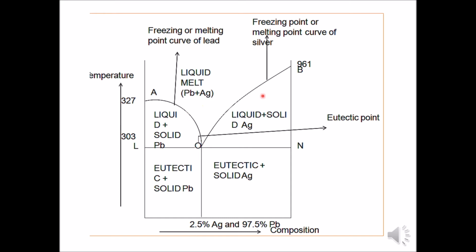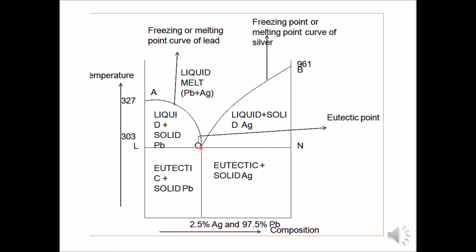How many phases will exist on curve BO, and what will be the degree of freedom here on the eutectic point? What is the degree of freedom on the curves, and what could be the composition at eutectic temperature? That we have to understand in the phase diagram of the silver lead system.